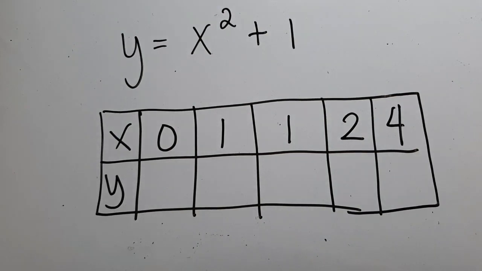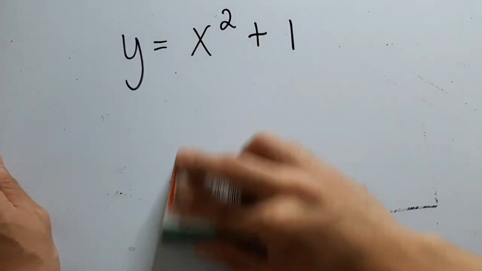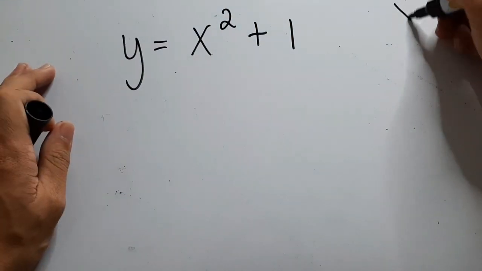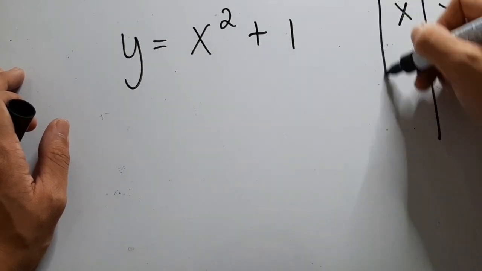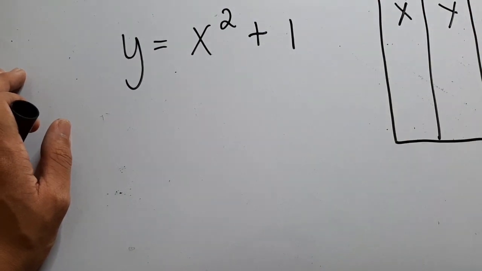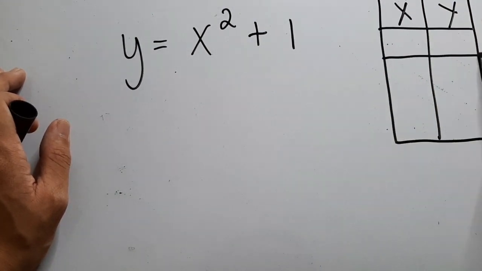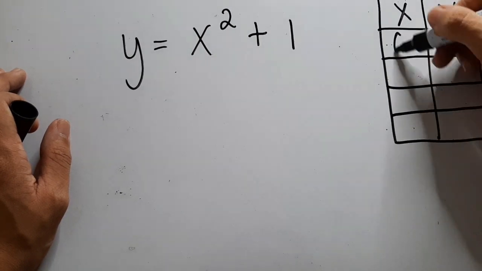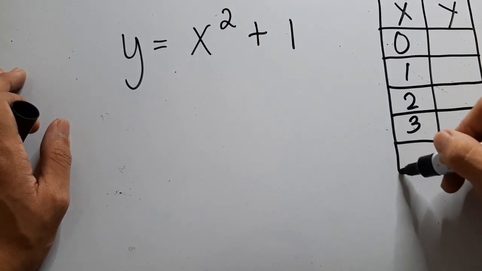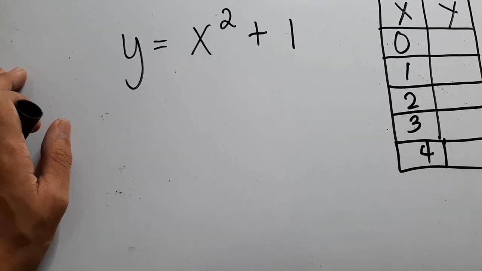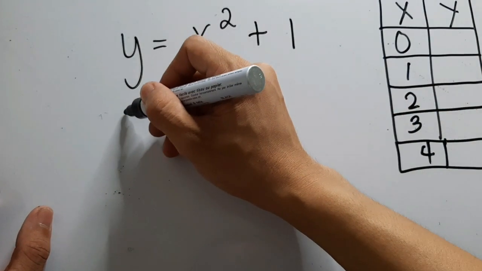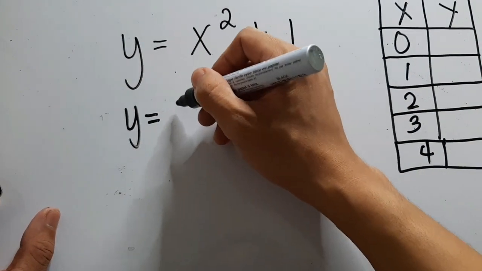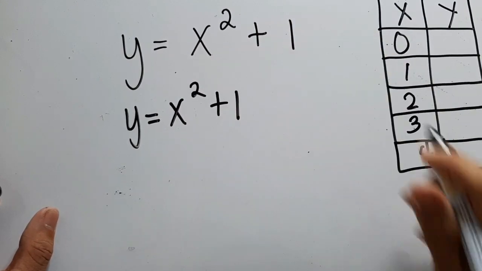So, we have y is equal to x squared plus 1 ang ating given.